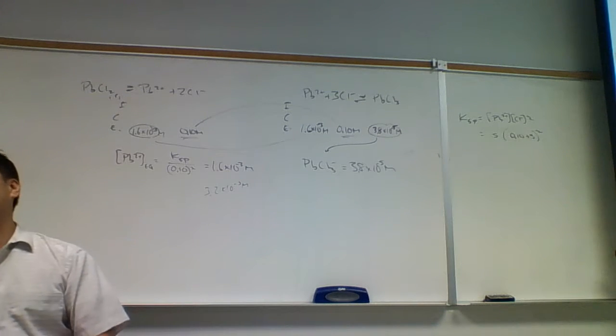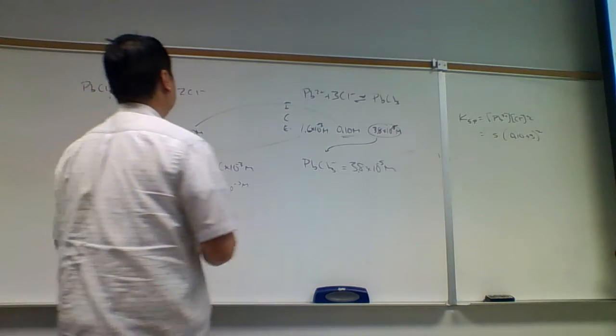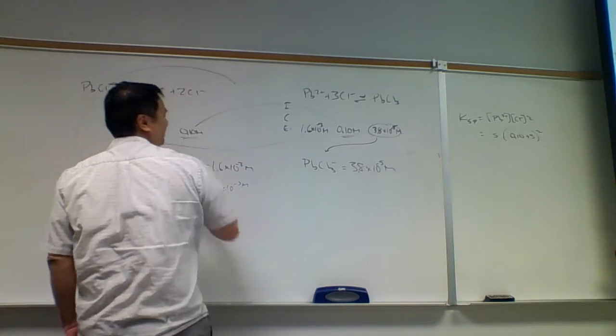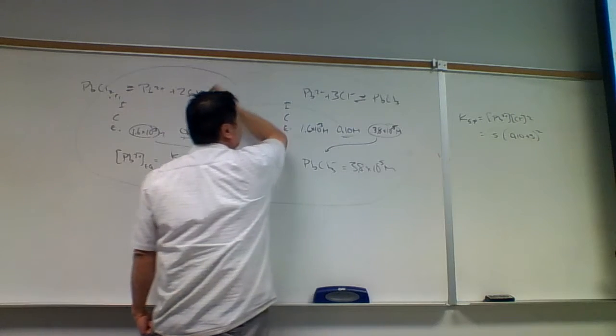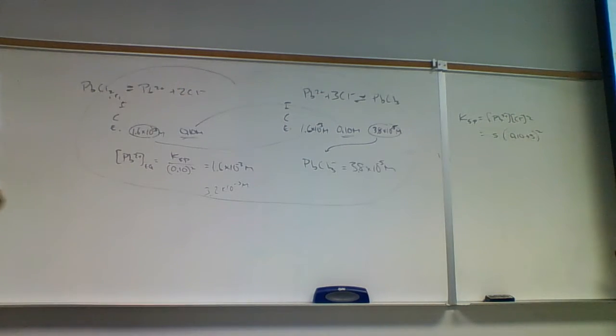It's not balanced. These don't balance. In other words, they're creating atoms when they need them, and they're destroying atoms when they don't need them. So this is a violation of mass balance. You can't solve it this way.